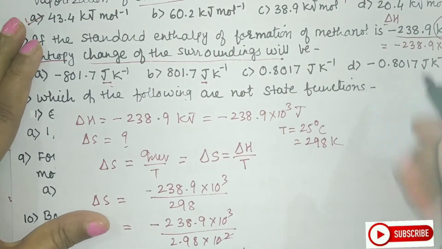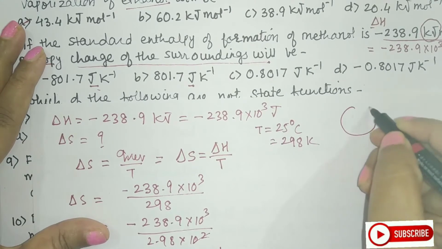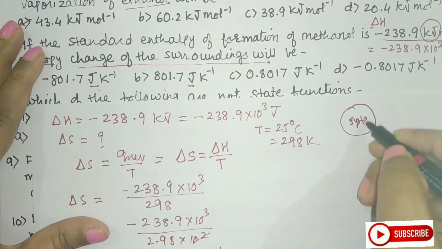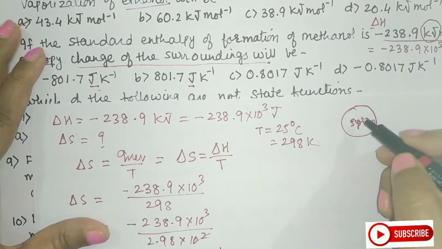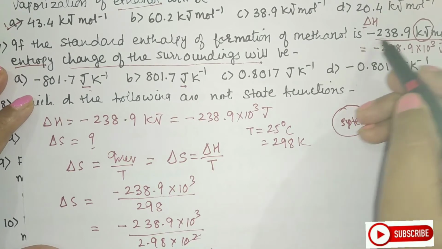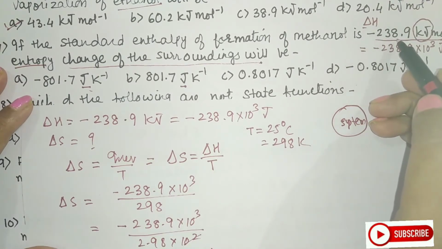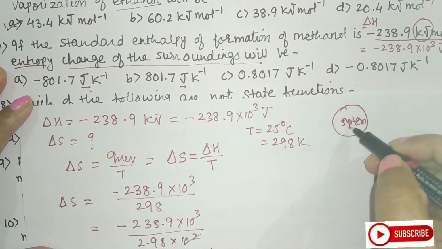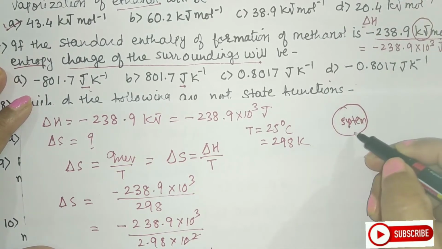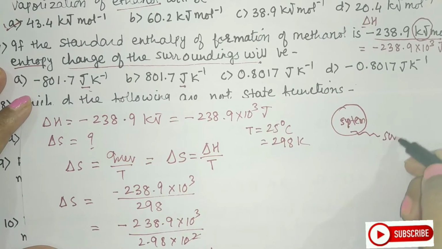Standard enthalpy of formation means when methanol is getting formed, this is the system. So when this reaction takes place, the energy which is evolved here is minus 238.9. Means this particular value is given for the system. So when this is getting formed, the same amount of energy will be released to the surrounding.